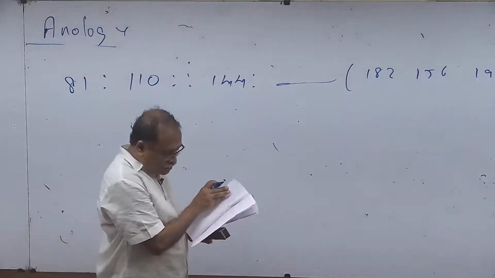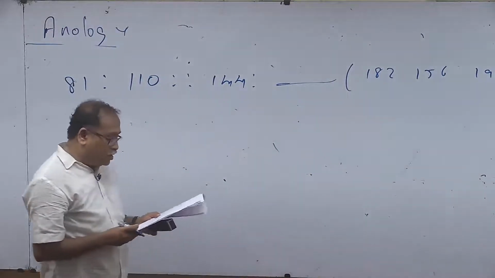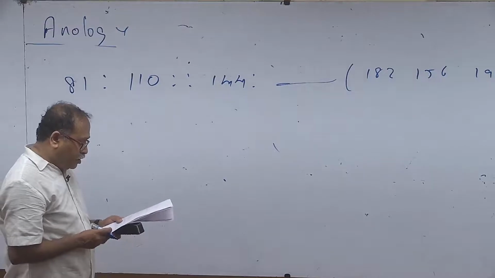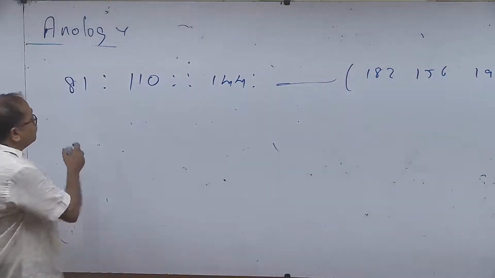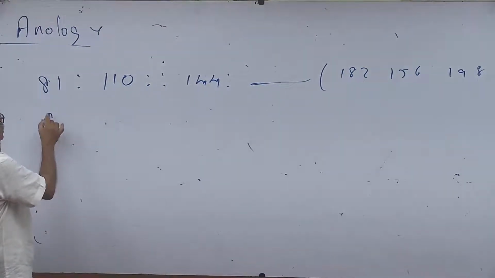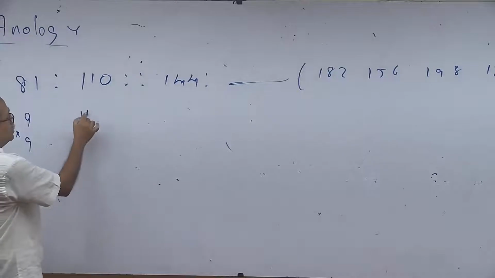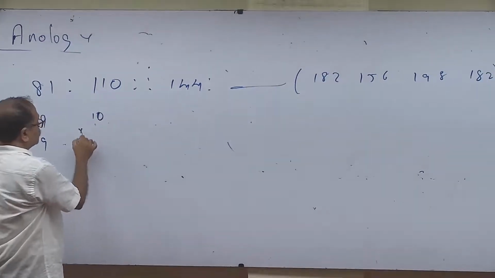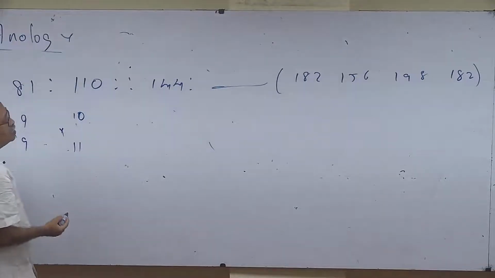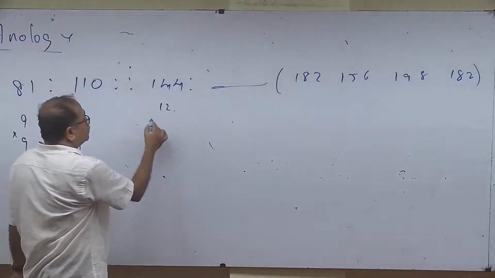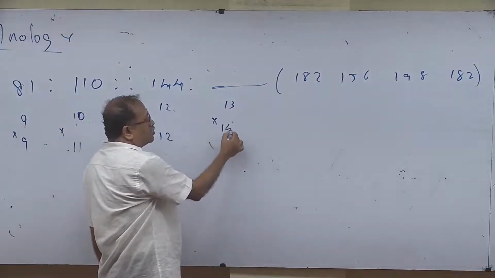Yeah, come on. 182. Okay. How did you get 182, sir? So that's 9 into 9, and this is 10 into 11. Okay, you are looking at this way. No, it's good. So here it is 12 into 12. Then the next one 13 into 14.